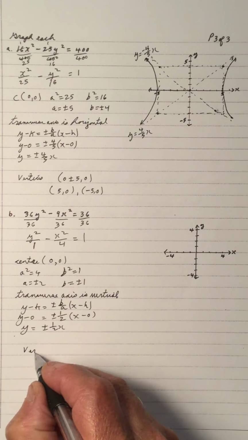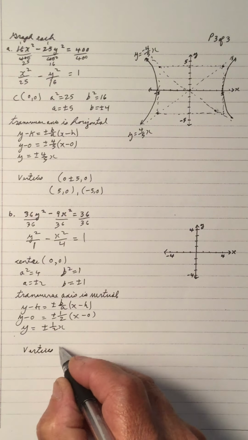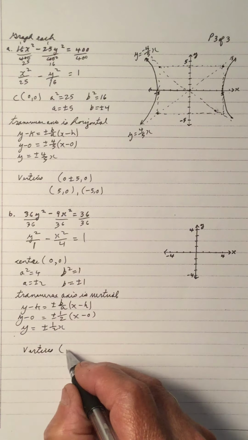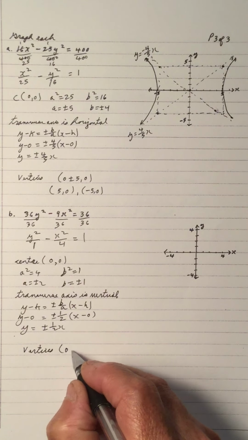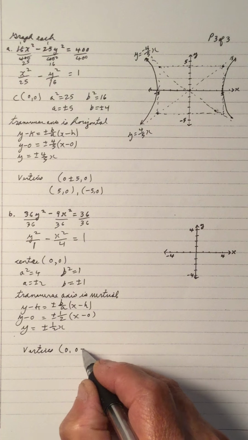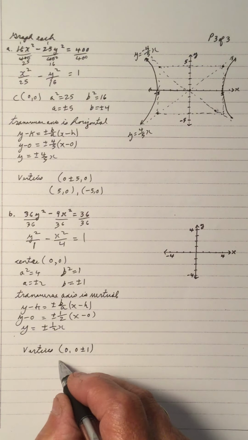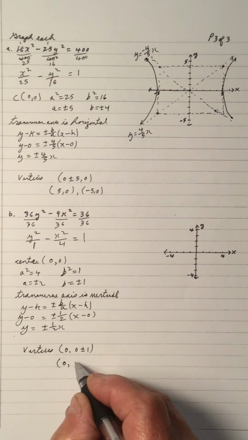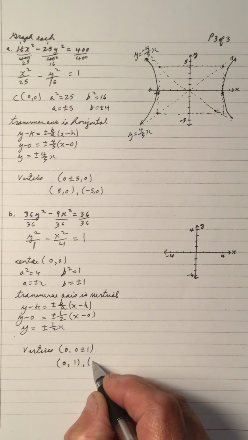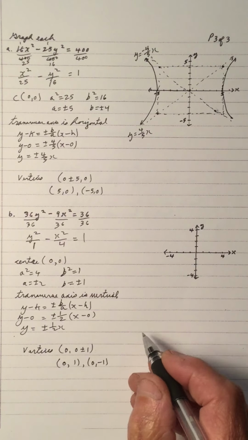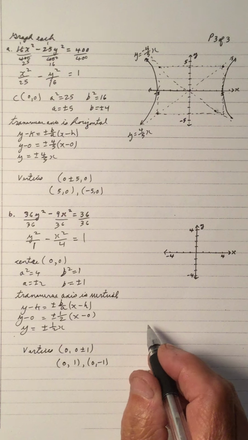And the vertices: the center is (0, 0), so it's 0 plus or minus 1. So the vertices are (0, 1) and (0, -1). The vertices are on the transverse axis, which is vertical.